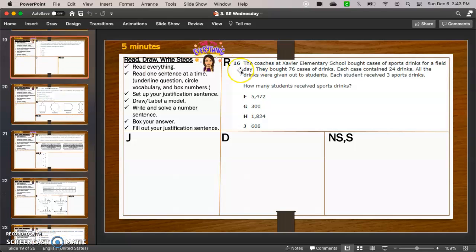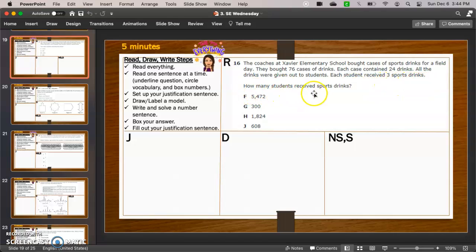Question 16. The coaches at Xavier Elementary School bought cases of sports drinks for a field day. They bought 76 cases of drinks. Each case contained 24 drinks. All the drinks were given out to students. Each student received 3 sports drinks.